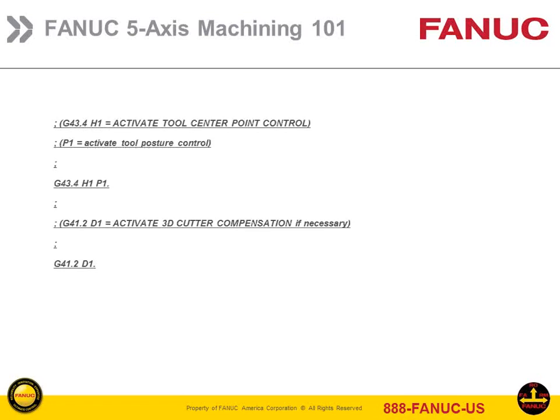And then P1 will activate tool posture control. And you want to do at least that level when you turn on tool center point control. Also at this point, you can activate 3-dimensional cutter compensation if necessary. You don't have to do this, but here's where you would do it.